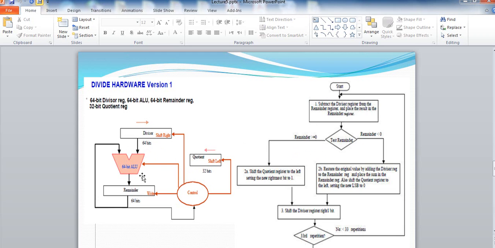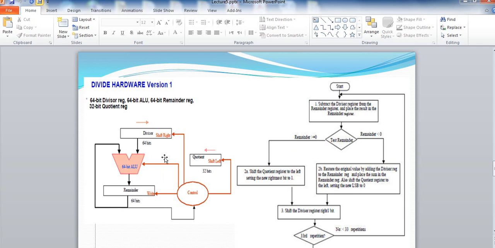Then after you subtract, you are going to compare it. If it's bigger or equal, actually, it is bigger or equal than the divisor.